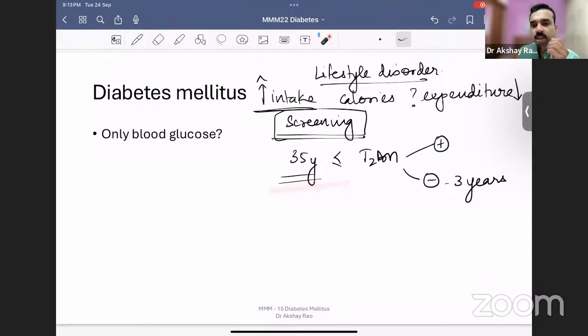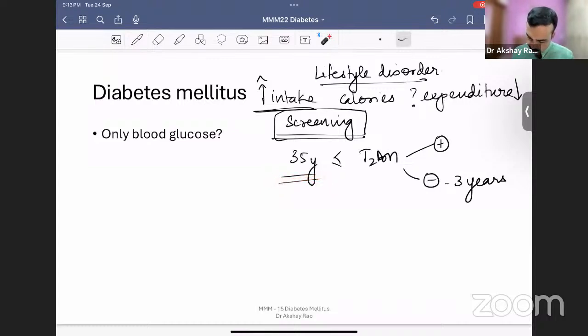Most other endocrine disorders, whether Cushing's or pheochromocytoma, you will screen only when there is a suspicion, meaning they have some symptoms or manifestation. Whereas diabetes is so rampant that the general population has been recommended to be screened from the age of 35 and above.